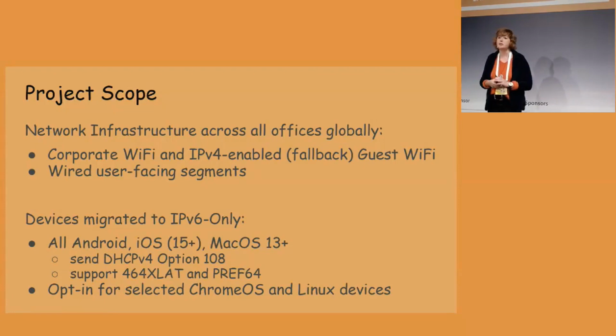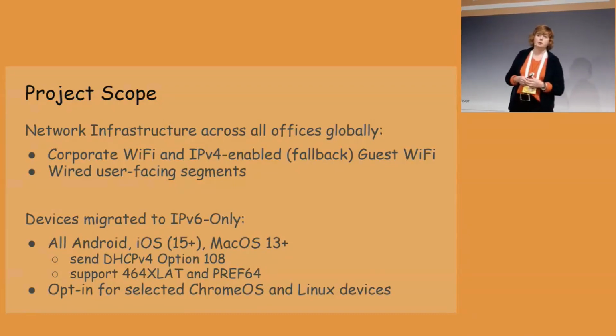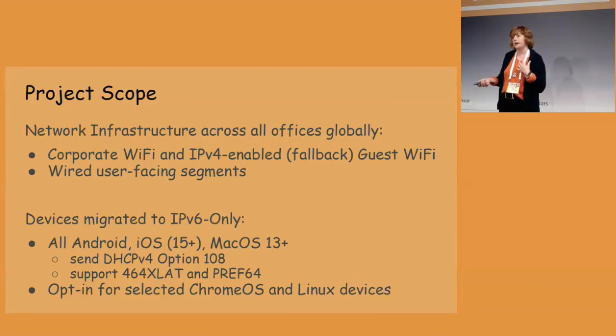And they enable 464XLAT and everything works. I also have selected Linux and Chrome OS devices as an opt-in pilot where users can enable option 108 selectively and try it and disable it if they don't like it. But macOS and phones, they are all automatically opted in, no opt-out mechanism.